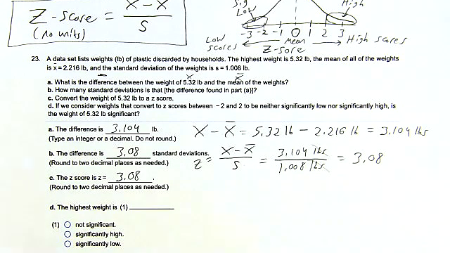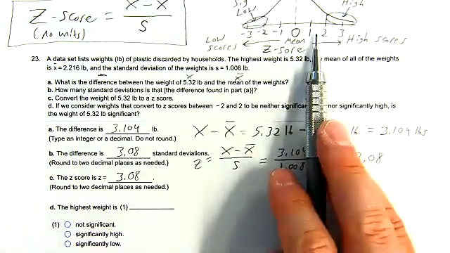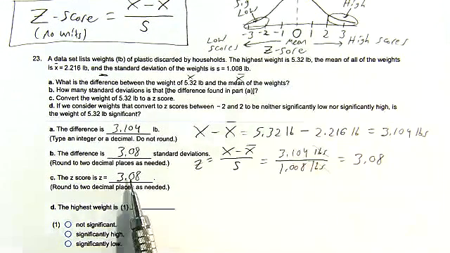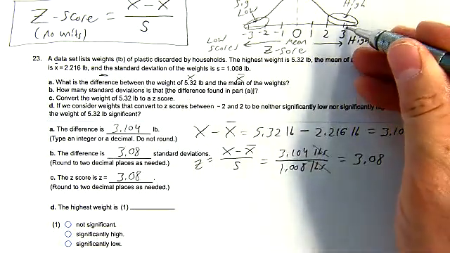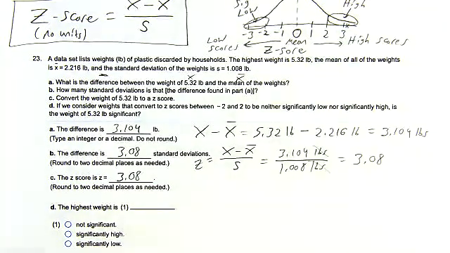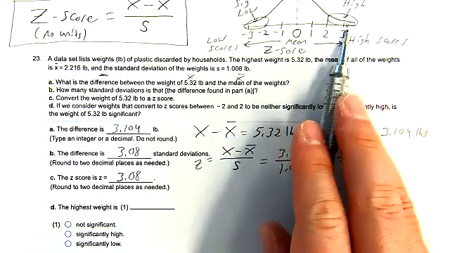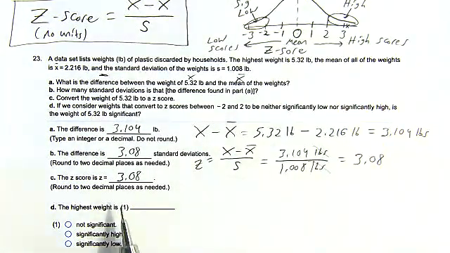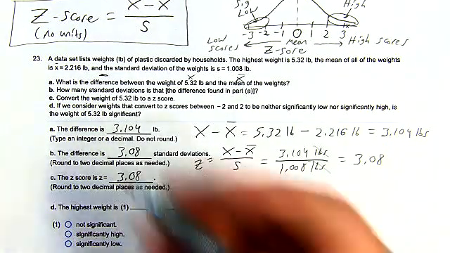Now, if we were to plot this on our normal bell curve, notice 3.08 is over here, right? Just to the right of 3. And hopefully you can see that it's clearly in the significantly high bubble. So this weight is significantly high.